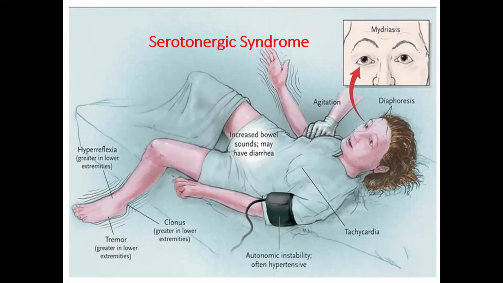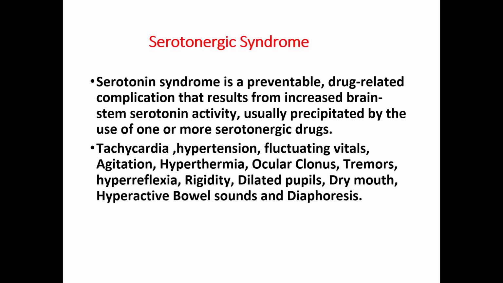Okay, we're going to jump into another important topic, which is serotonergic syndrome. From the nerve, there is an increase in the serotonin level, which can cause autonomic instability, clonus, hypermetabolic status, diaphoresis, hyperreflexia. Serotonin syndrome is usually a preventable drug-related complication.